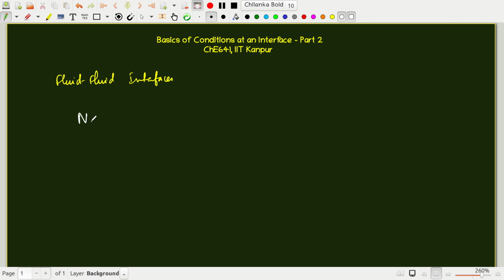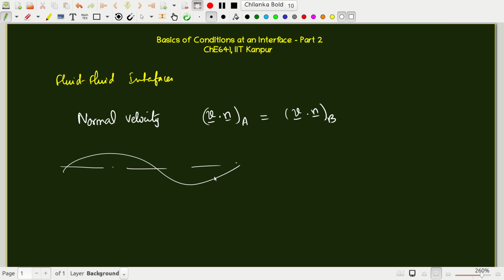Let's first take normal velocity continuity. We said that for a bound interface without phase change, v dot n in phase A is v dot n in phase B. Let's imagine that you have an interface like this.